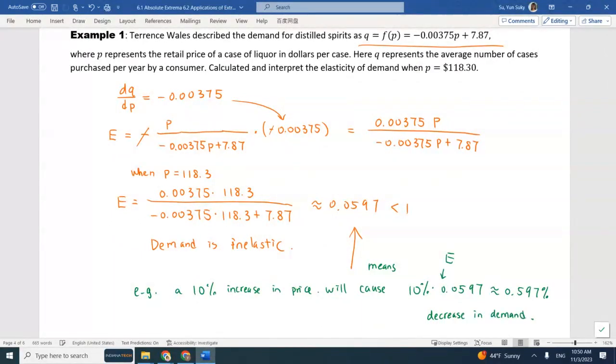So increase in price will get decrease in demand. But what is the ratio? With a 10% increase in price, you get the ratio times E, which is about a 0.6% decrease in demand. So not so big compared to 10%. Is that okay, everybody? So the elasticity function talks about a ratio: you have an increase in price, and how much percent decrease in the demand.